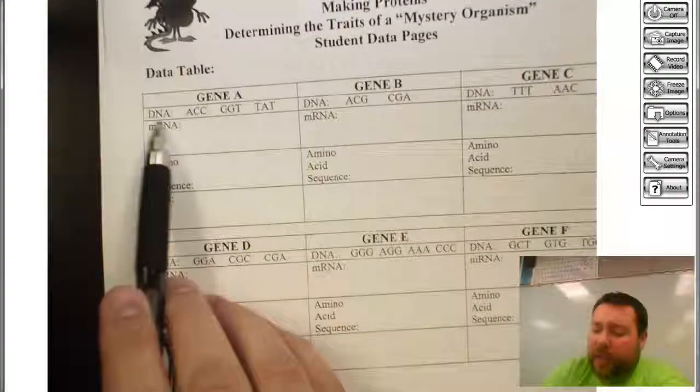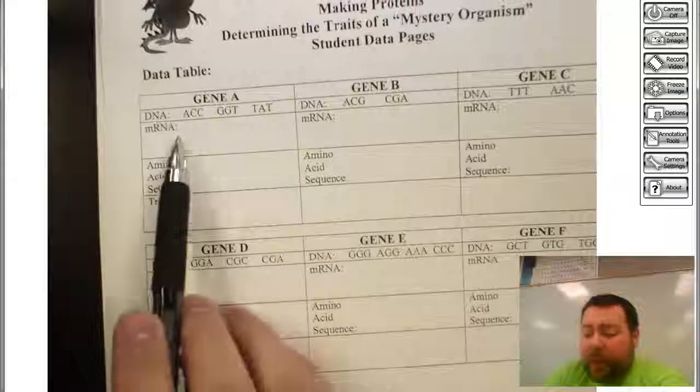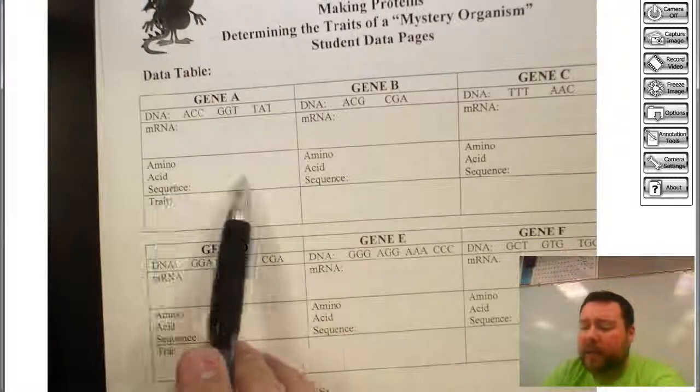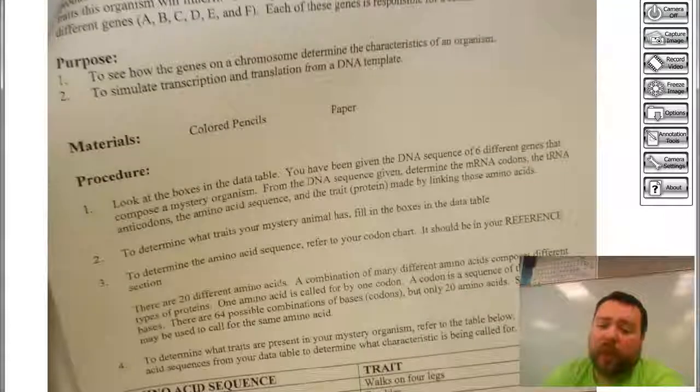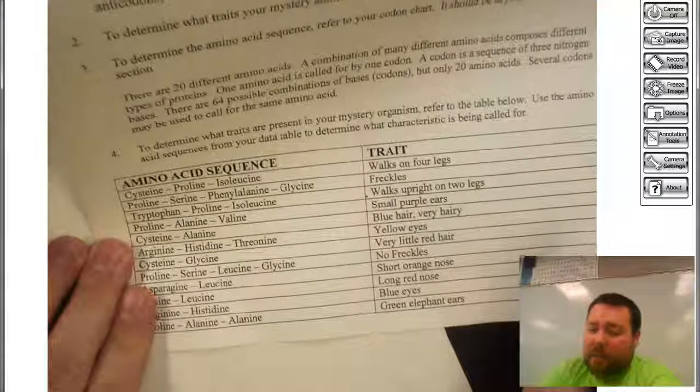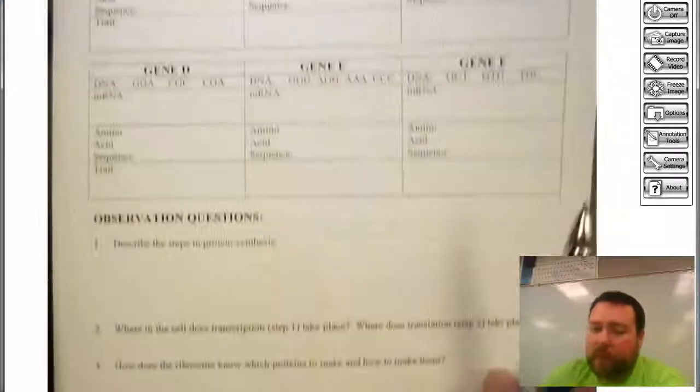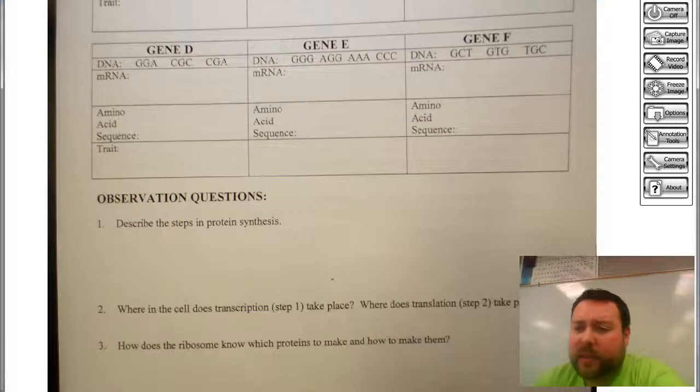So you have your DNA, you can determine the messenger RNA. From the messenger RNA, you can find out what amino acids are being produced, and then from the amino acids that are being produced, you can look at this front chart and determine the trait that is being made for that organism. Okay? So that's what I'm asking you to do today.